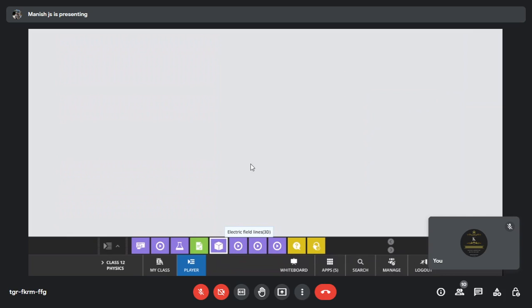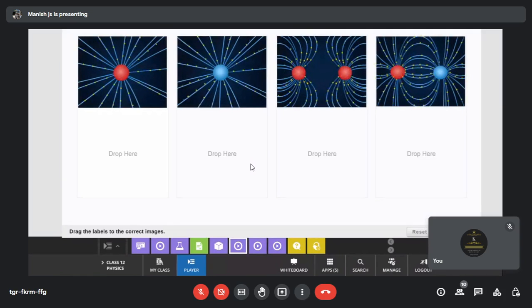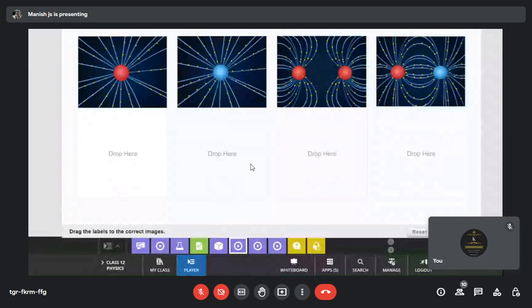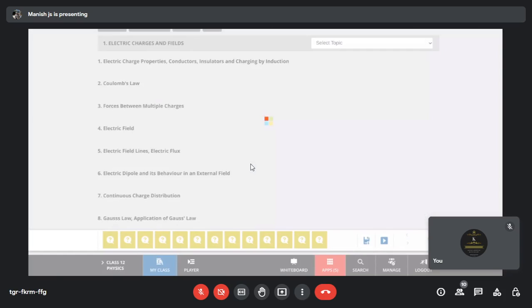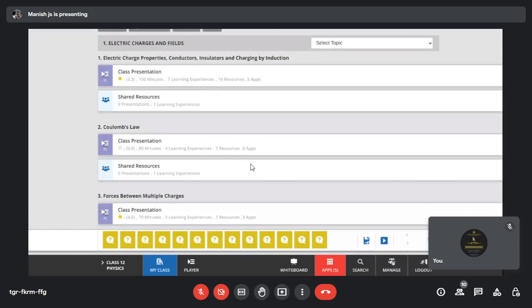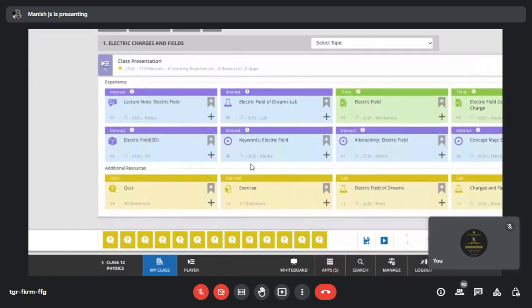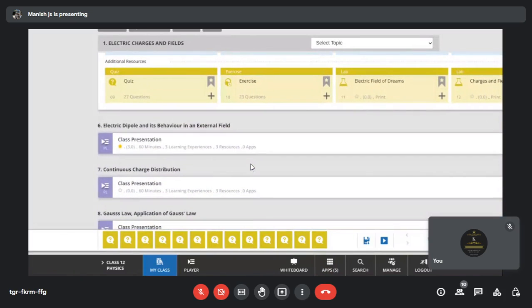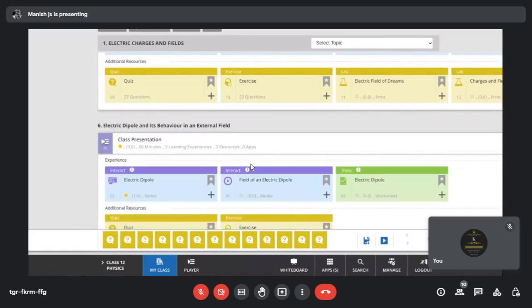This is the same thing only. This is also something we have already learned. We'll move on to the next one, the electric dipole.